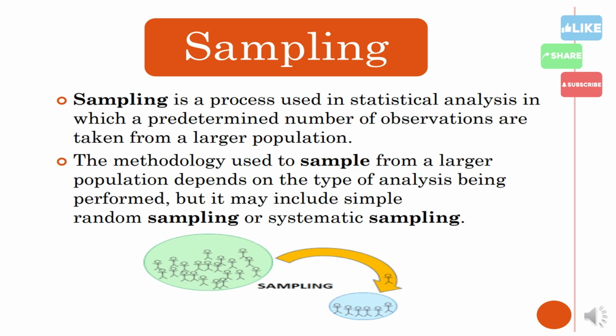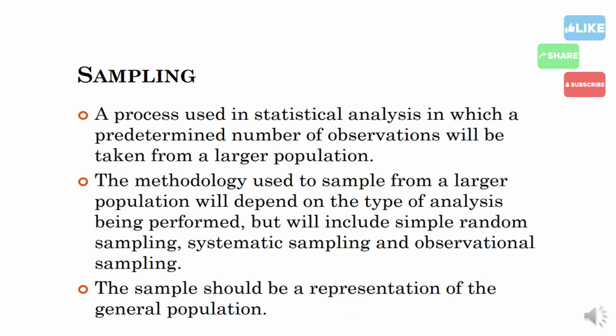Sampling is a process used in statistical analysis in which a predetermined number of observations are taken from a larger population. The methodology used to sample from a larger population depends on the type of analysis being performed, but it may include simple random sampling or systematic sampling. So what is sampling?